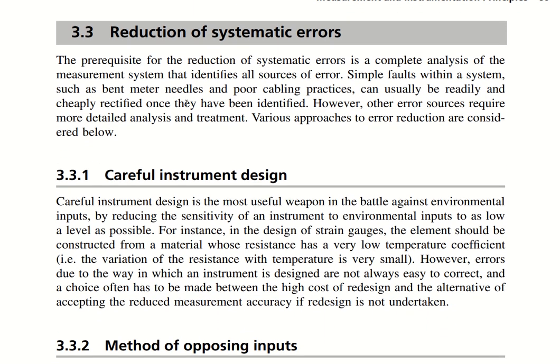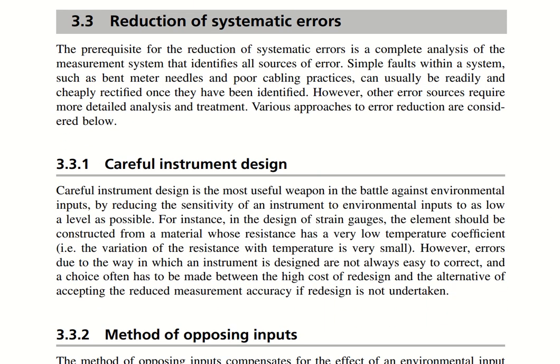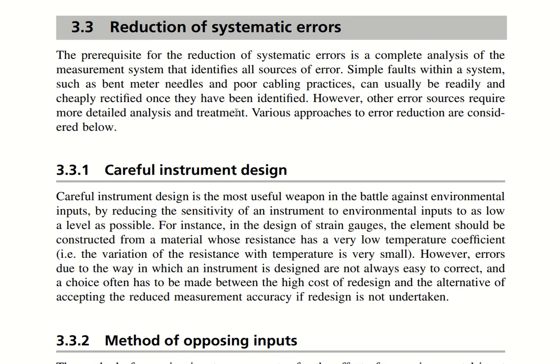Then let's see the reduction of systematic errors. If you remember, we discussed this earlier as well, that the prerequisite for the reduction of systematic error is the complete analysis of the measurement system that identifies all sources of errors, right? Simple faults within the system like bent meter needles and poor cabling practices can usually be readily and cheaply rectified once they have been identified.